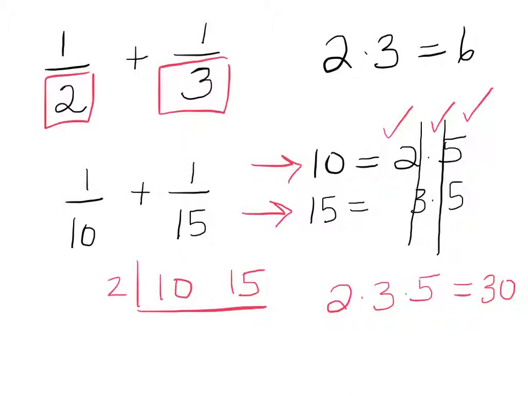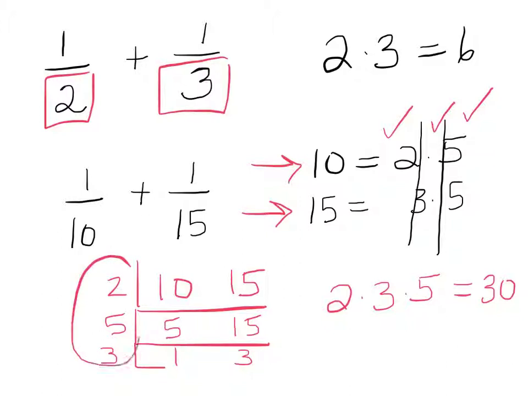Could divide by 2. That gives me 5, doesn't go into 15. I could divide by 5, that gives me a 1 and a 3, and then I would divide by 3. I'm looking to get 1s, and there is 2 times 5 times 3, so just another way to get that common denominator.